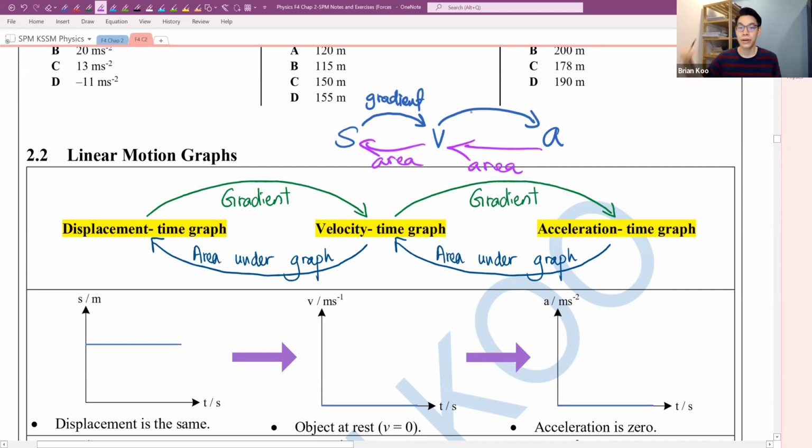You learned in chapter 1 that one of the few ways to analyze a graph is by finding the gradient or the area. This is when it is very useful. Later I'll explain why it is gradient and area, but for now make sure you remember this, especially for those who are going to sit for the exam.